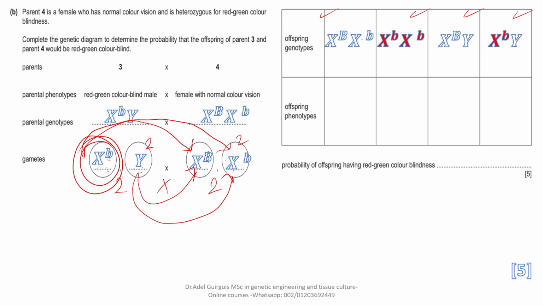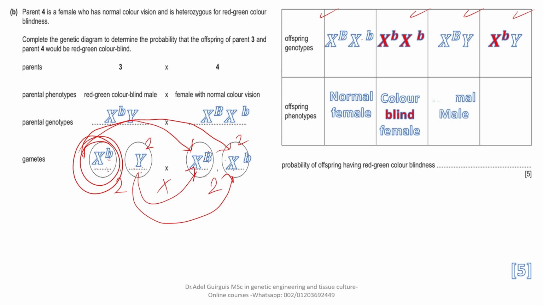Now look at the offspring phenotypes, the features of all 4 individuals. The first one is a female, but normal, a carrier, heterozygous. Here a normal female, carrier. XP small XP small is a color blind female.